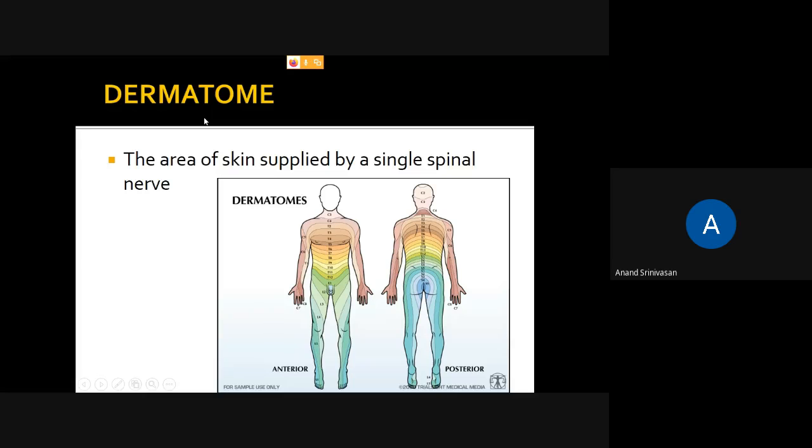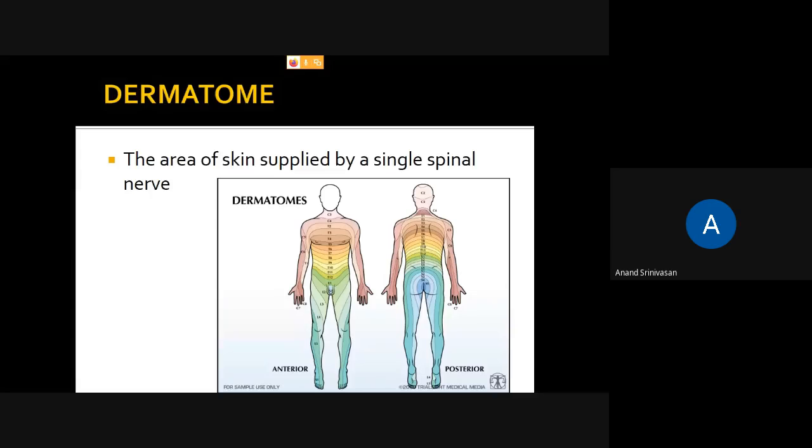Why is the dermatome important? Suppose a person has a road traffic accident and injures his spinal cord.